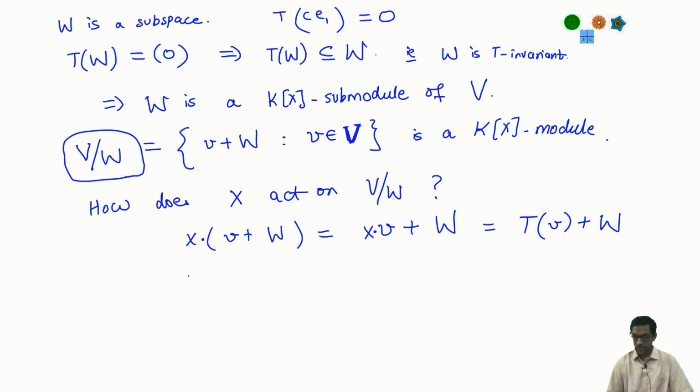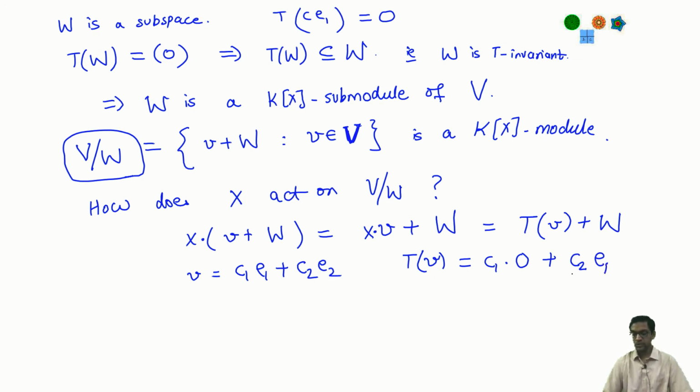But now what does v look like? v is some combination of the vectors E1 and E2. So when I act T on it, Tv is just c1 times T E1, which was 0, plus c2 times T E2, and T E2 is E1.